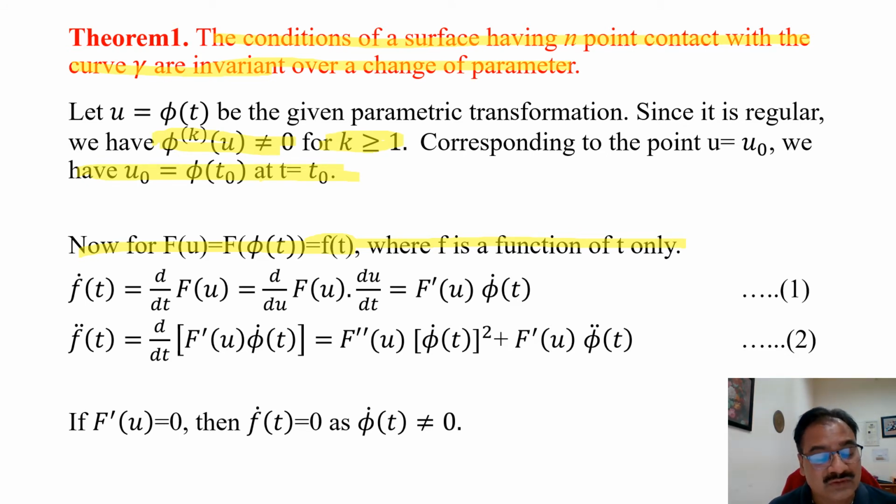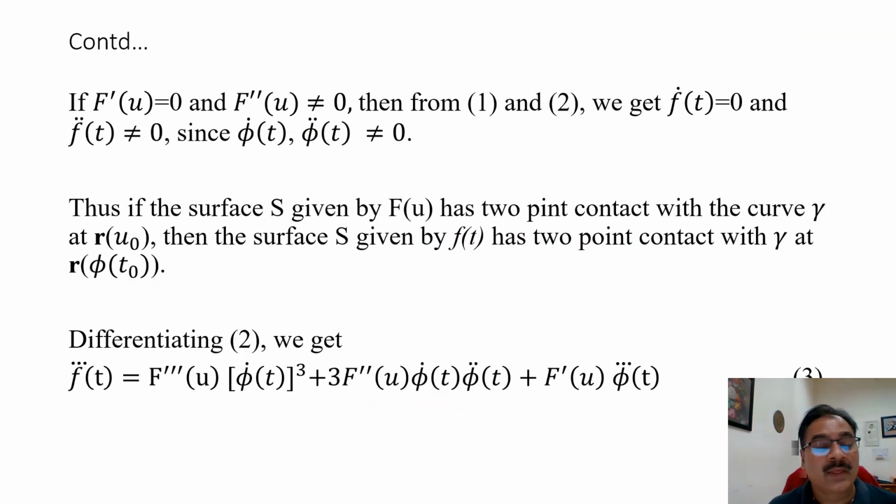If f'(u) is 0, then you can say that F'(t) is equal to 0, but f''(u) is non-zero. And if f'(u) is 0 and f''(u) is non-zero, then from 1 and 2 we get F'(t) = 0 but F''(t) is non-zero.